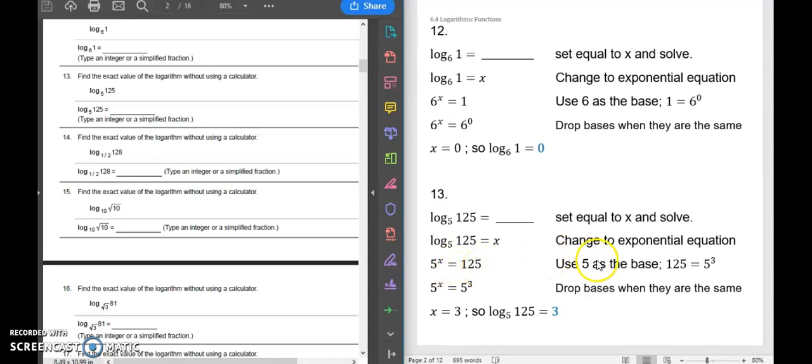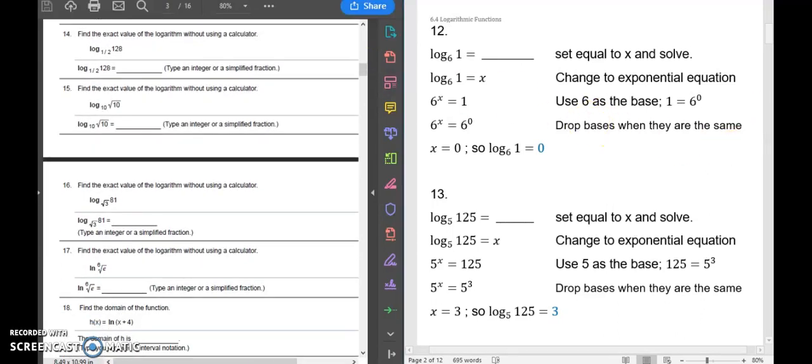We can use 5 as our base, so that means 125 equals 5 to the third power. So we substitute 5 to the third power for 125. We have 5 raised to the x equals 5 cubed. Now the bases are the same. We can drop them, and we see that x equals 3. So log base 5 of 125 equals 3.